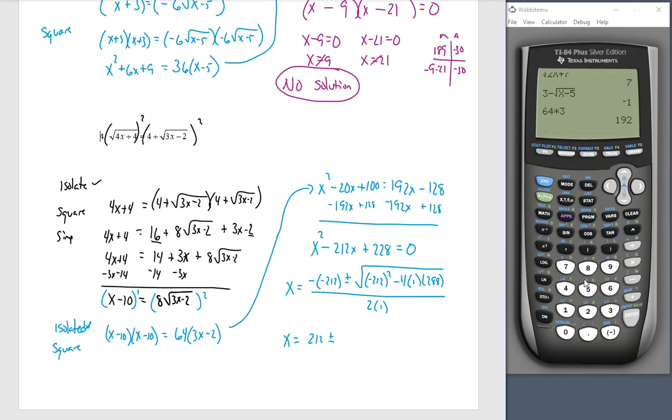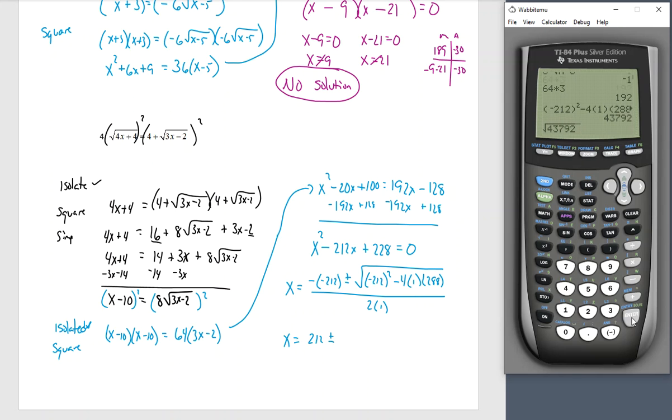All right, so let's take care of that radicand. So we have, in parentheses, negative 212 squared minus 4 times, and I'm going to put it in my calculator exactly as I have it on my electronic paper. 43,792 is underneath the radical.